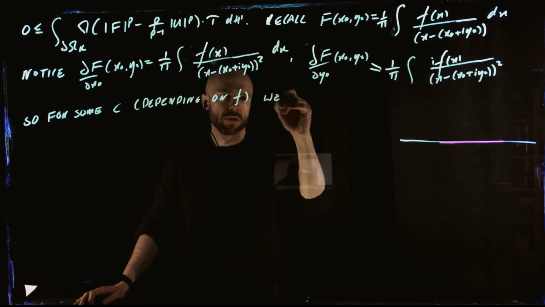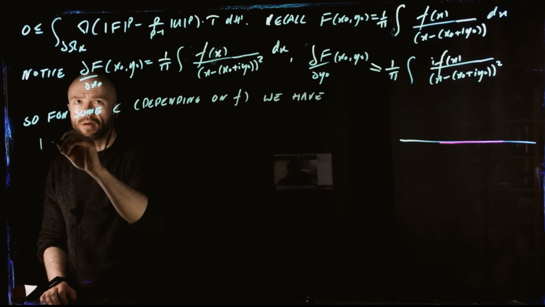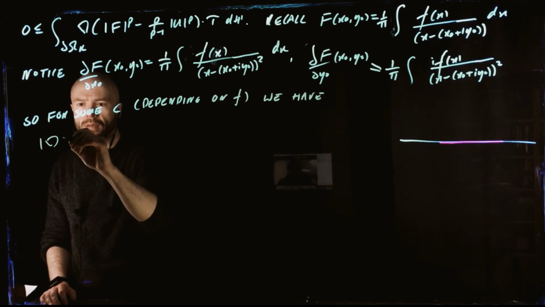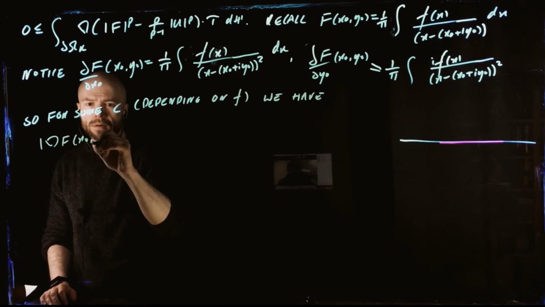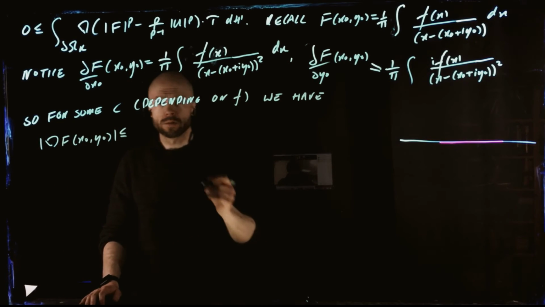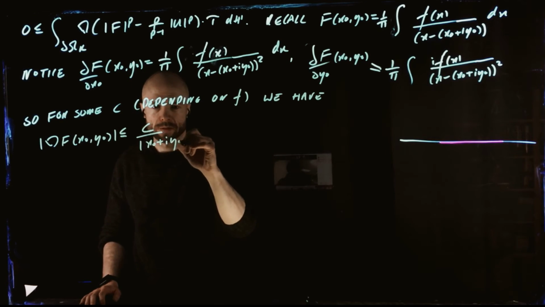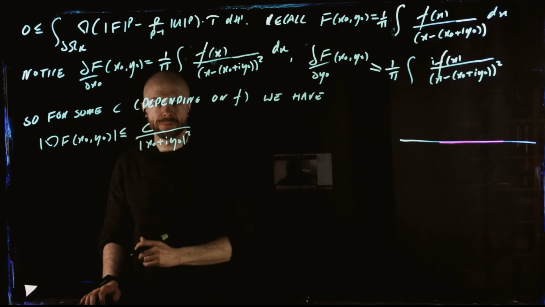We have that the absolute value of the gradient of this thing, of x0, y0, is less than or equal to some constant over x0 plus I y0, absolute value squared. Yeah?